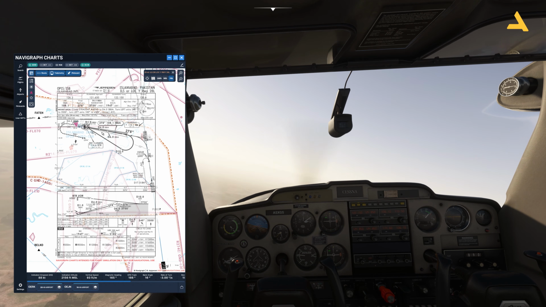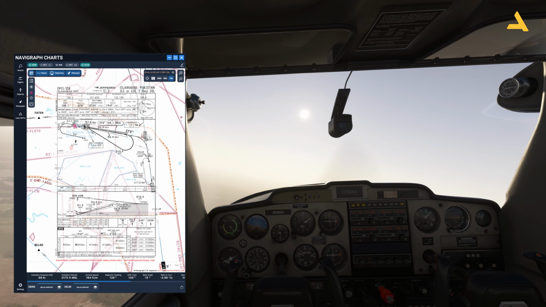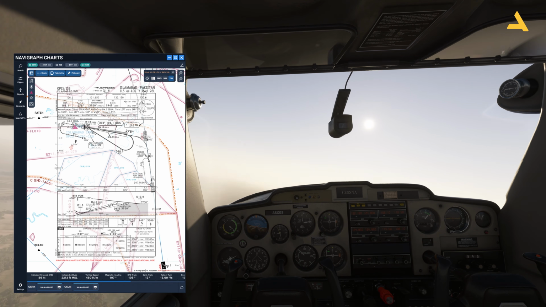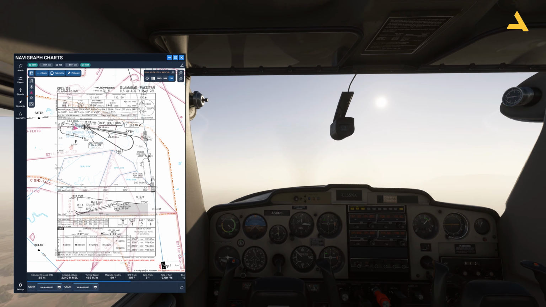As I've told you, we have to turn back, so my heading should be 98. So I will fly in this heading 98, and then I will tell you why I will further turn left. But right now I will just level off the plane at 98 degrees.